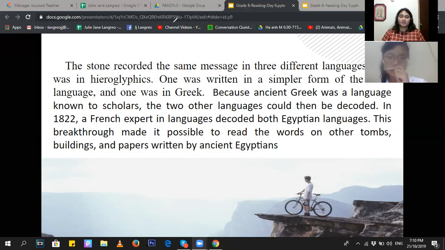Because Greek was a language known to explorers, the two other languages could then be decoded. In 1822 a Frenchman decoded both Egyptian languages. This breakthrough made it possible to read the words on other tombs, buildings, and papers written by ancient Egyptians.